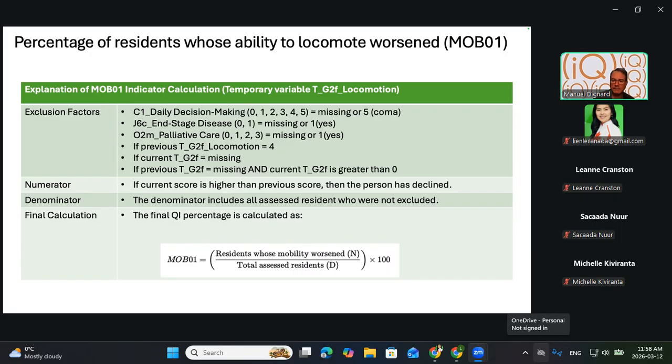And it's important, right? Declining mobility is again a major predictor of loss of independence, of increased falls risk, institutionalization. So monitoring it allows the team to identify those real early trends and respond proactively, whether you're using physiotherapy, assistive devices, or care plan adjustments.